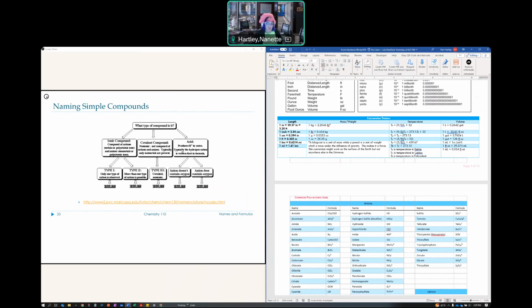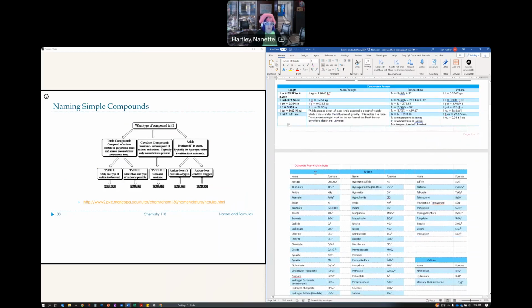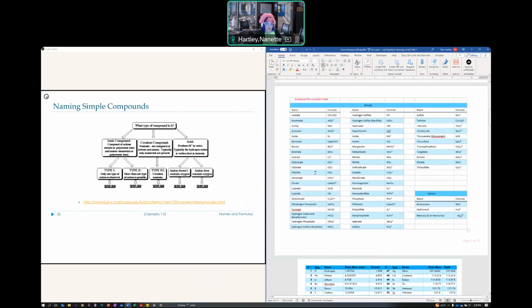Acids will be defined as something that produces H plus in water. Typically, the hydrogen cation is written first in the formula. If the anion doesn't contain oxygen, we will name it. If the anion does contain oxygen, we won't. Okay. We'll talk about how we do that in just a bit. Okay. So this one we will do.